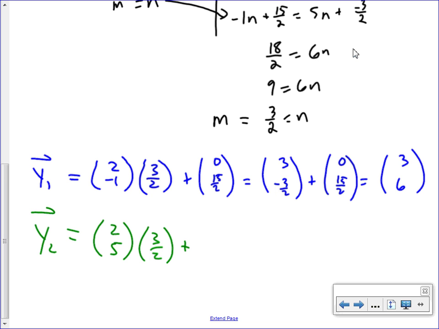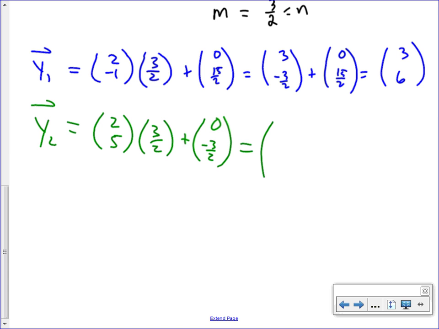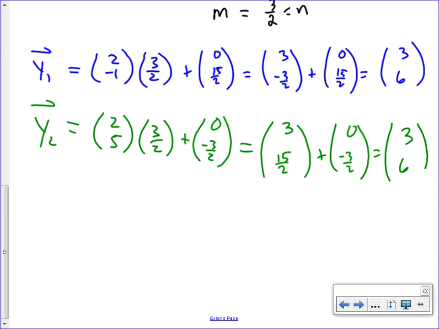Plus 0, -3/2. Here we go. All right, so that times that again is 3, 15/2. Plus 0, -3/2. Oh look, it happened again. Yeah, 12 divided by 2 is 6. So, point of intersection is 3, 6.